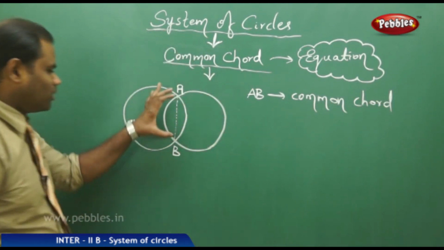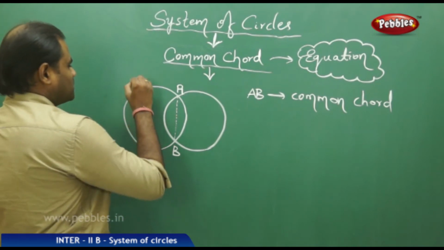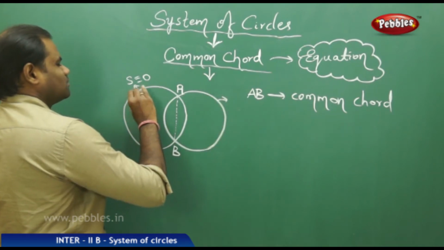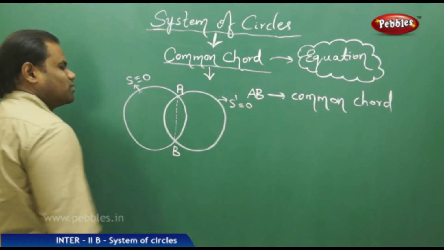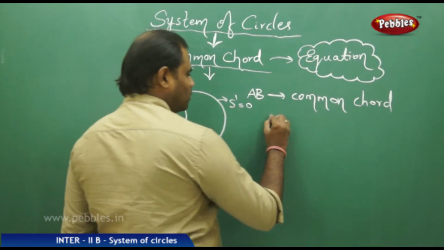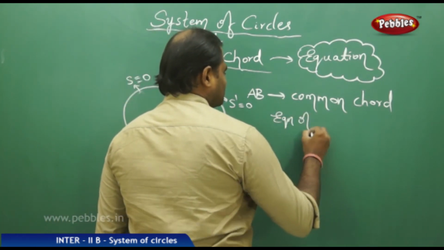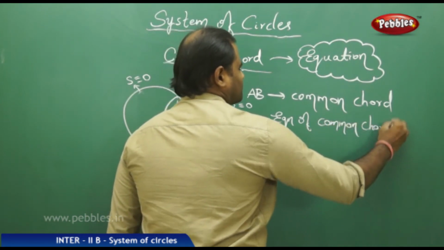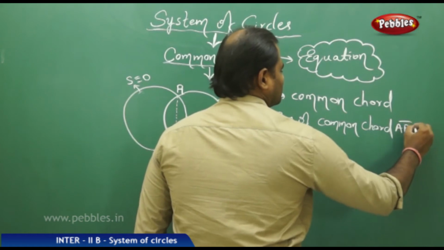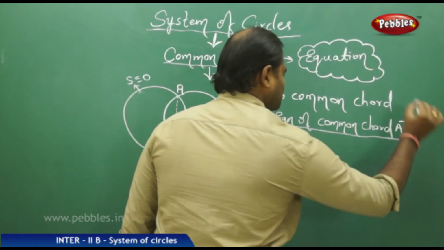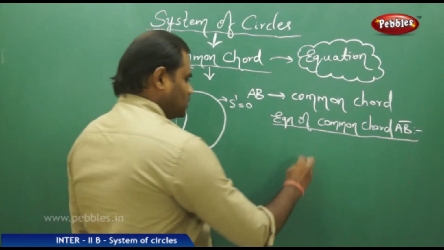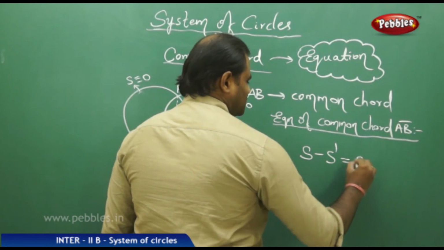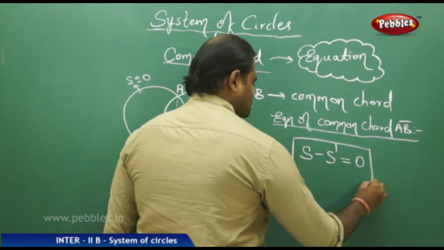For this common chord, if I represent this circle with S equal to 0 and this with S dash equal to 0, then the equation of common chord AB is given directly by the formula S minus S dash equals 0.